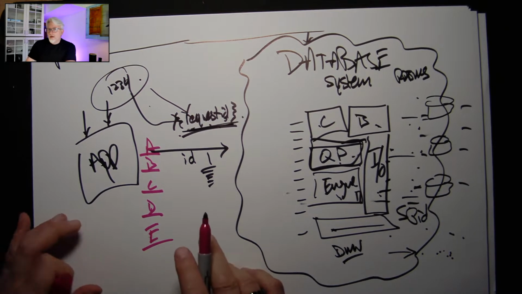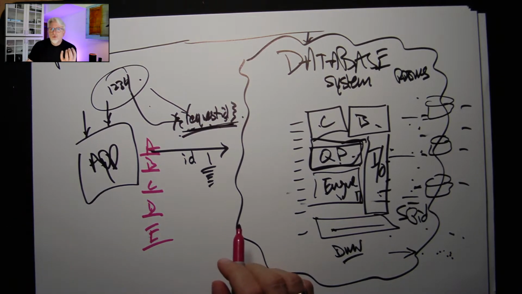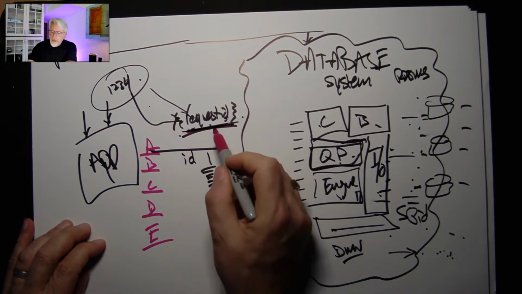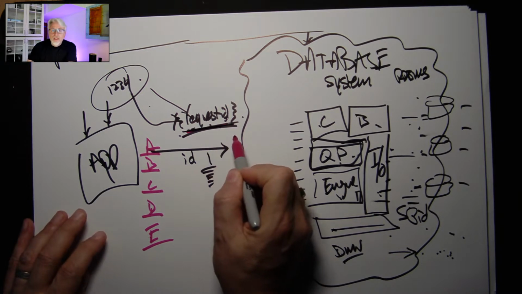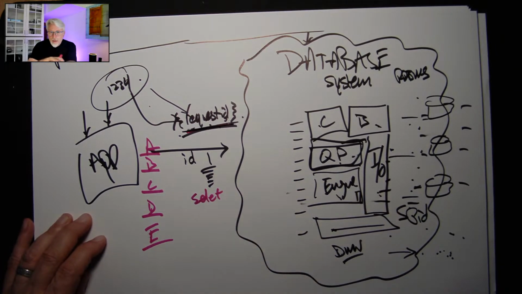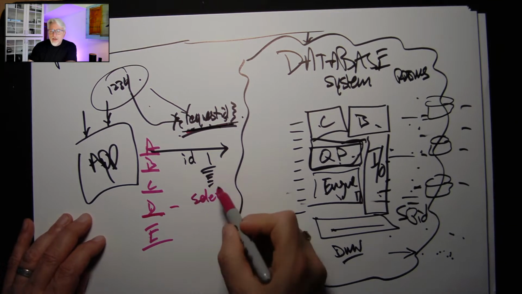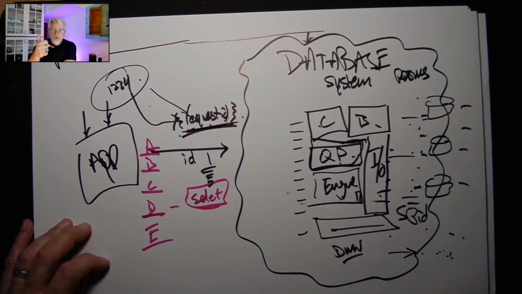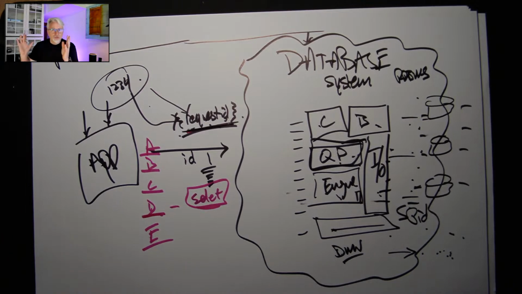If you do nothing more than work within the APM tool to present to the SRE team or the engineer doing the problem diagnosis, here's the request ID, and I've even seen people do example SQL queries, like they actually write out in the APM tool, in the metadata, not just show stored procedure D, they actually put in the text of a select statement so you could plop that request ID into a SQL prompt and boom, get all the information you need about what was happening on that.